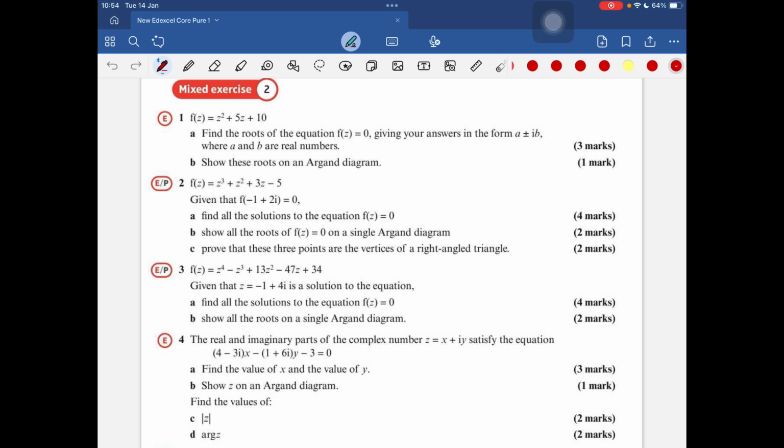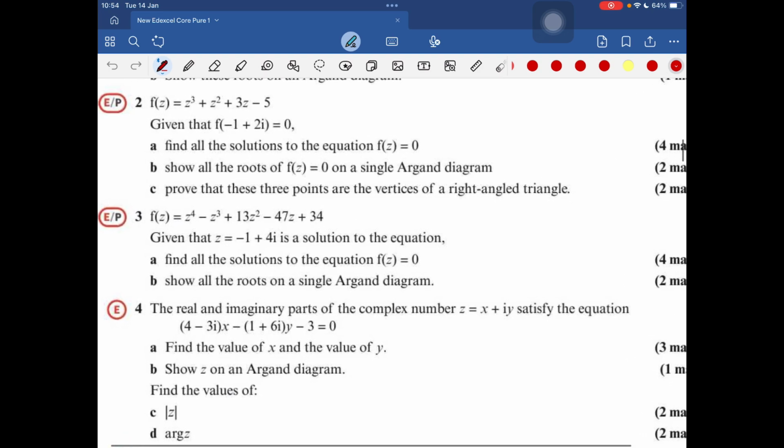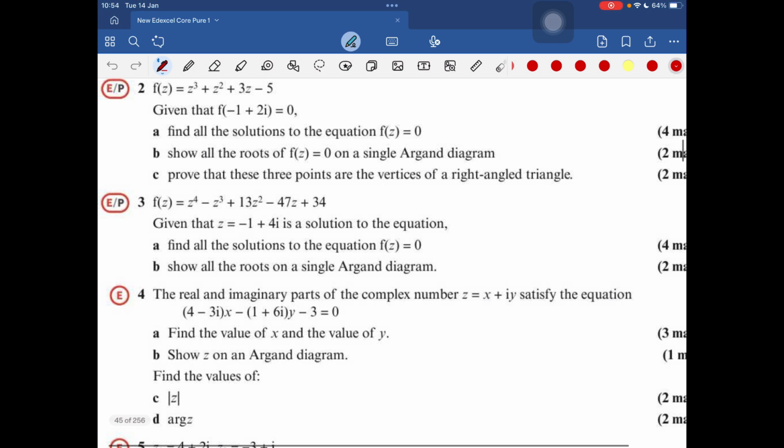z cubed plus z squared plus 3z minus 5 is f of z, and negative 1 plus 2i is a solution. Then negative 1 minus 2i is another solution.